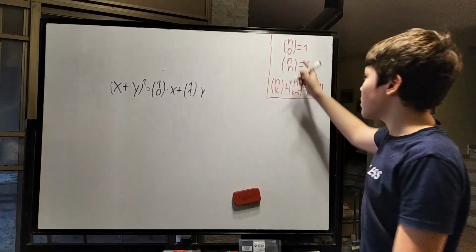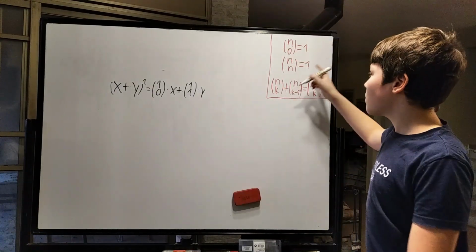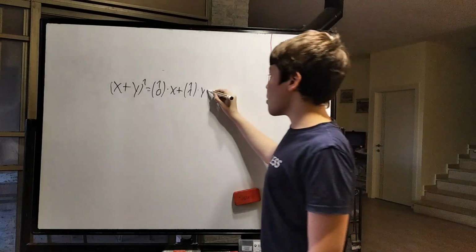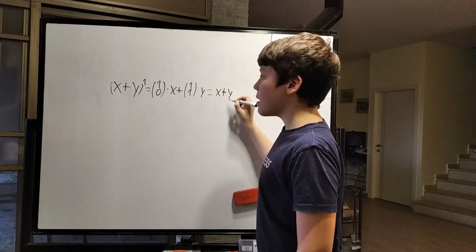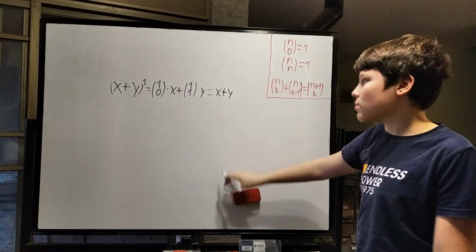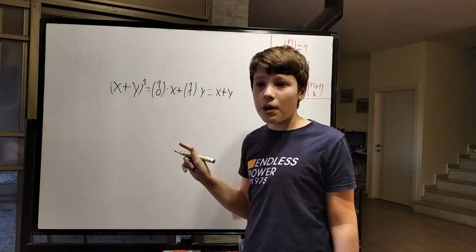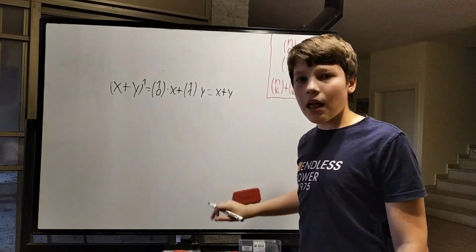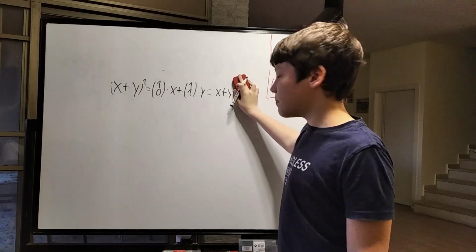Anything choose 0 is 1, anything choose itself is also 1. So this will be equal to x plus y, and that's obviously true. Anything to the first power is equal to itself. So that was the base case of n equal to 1. Now, let's go on with actually proving this.